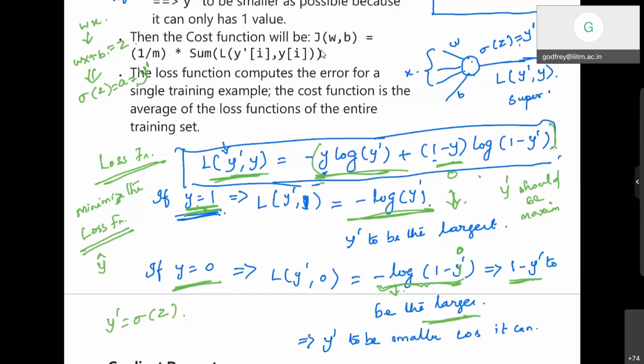Only then will it make this loss function minimum. So if y is equal to 0, you are able to make the loss function minimum by having y dash smaller. If y equals 1, once more you are able to make the loss function minimum by having y dash maximum. Since this satisfies both cases, you have this as the loss function.